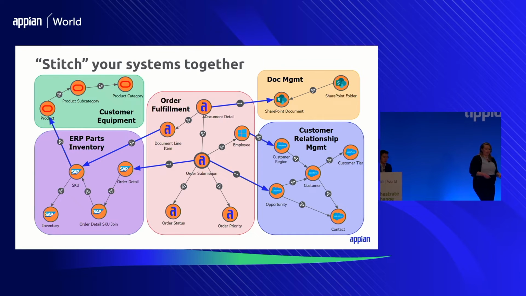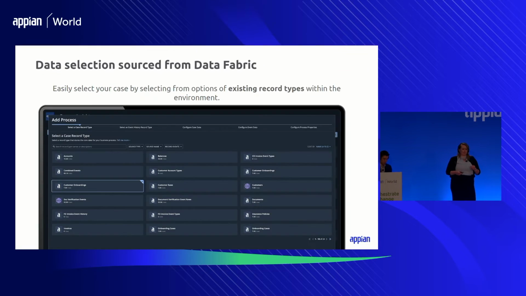But with data fabric, we're stitching your systems together so you can continuously monitor this data over time and you have a single source of truth without having to connect these different systems. And this is what it actually looks like in action. Your business owners are actually looking at the data that your developers have set up and selecting from a catalog of that data in order to accelerate the process insights process.